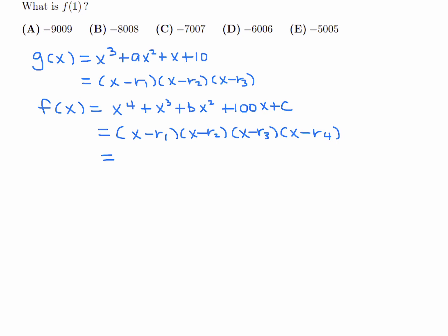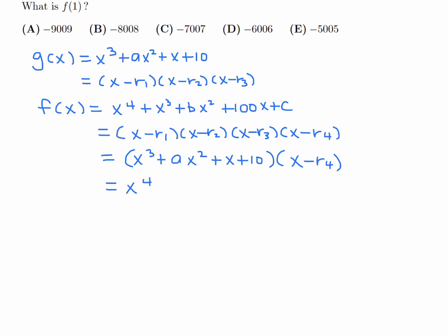Now, what I'm going to do at this point is, instead of these 3, I'm just going to put in this guy since it's equivalent. So that would be x to the power 3 plus ax squared plus x plus 10. And then we've got that x minus r4. Now I'm going to expand it. And when I do, I get the following.